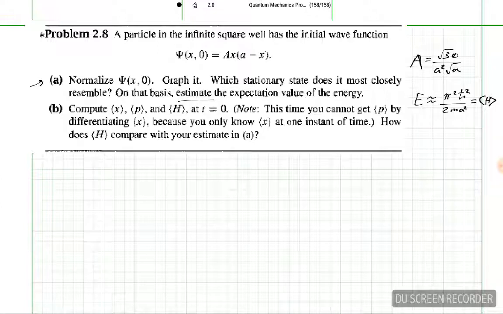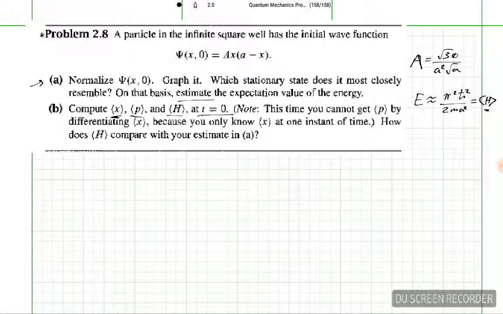Now we want to get the expectation value of position, momentum, and energy, and we're going to compare that to our estimate of the energy. Now we can't do our expectation value of momentum by taking the time derivative of the expectation value of the position anymore, because we're doing them all at t equals 0.